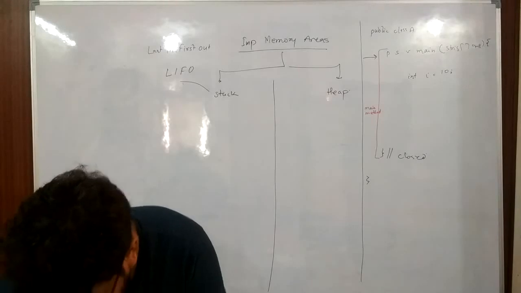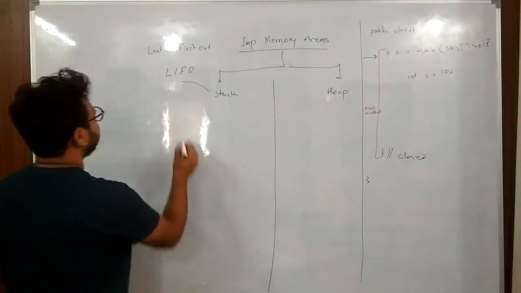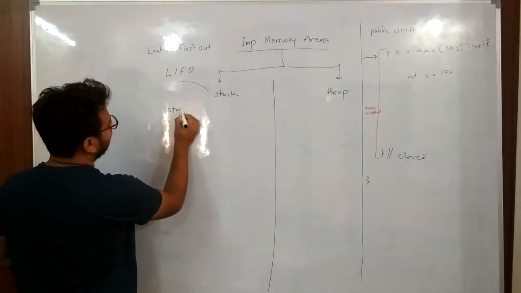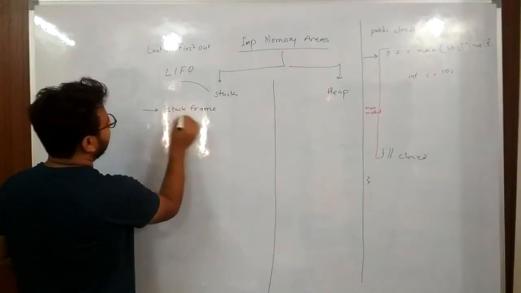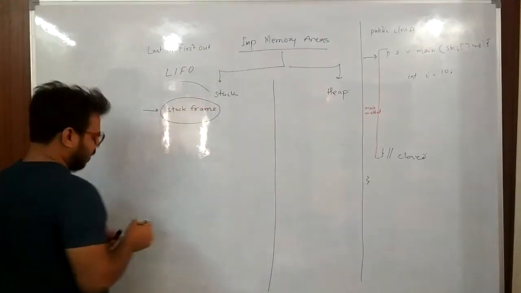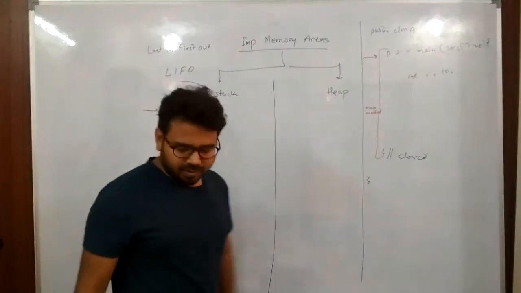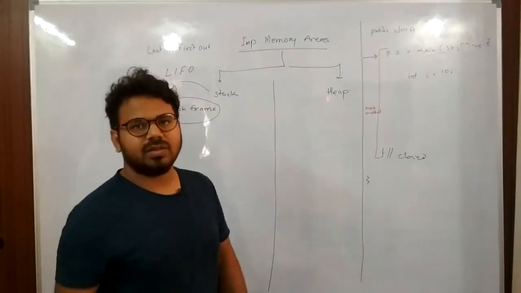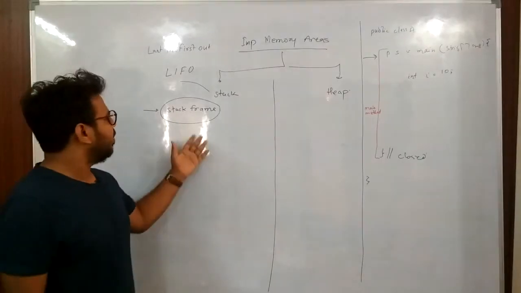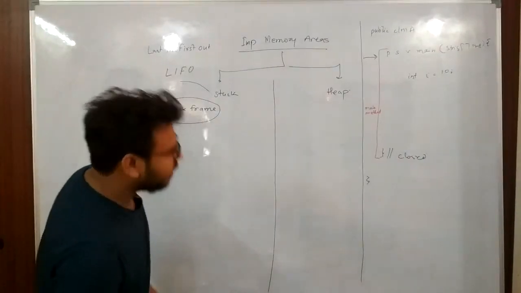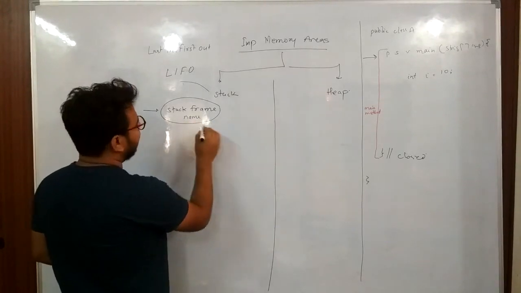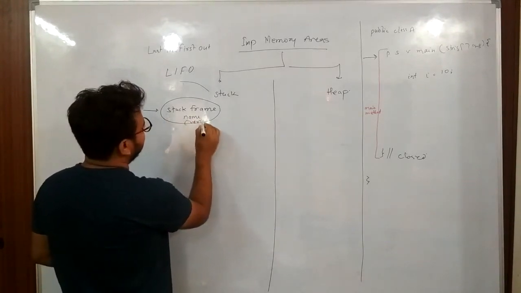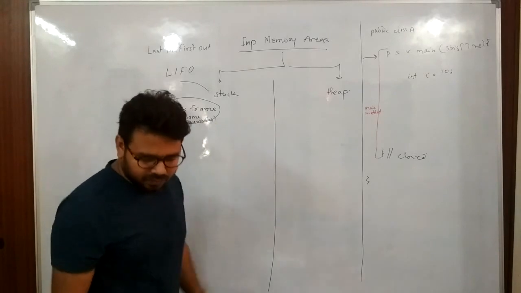Let me write the term stack frame. And what is a stack frame? A stack frame is a container which contains the name of the method and the variables inside it.